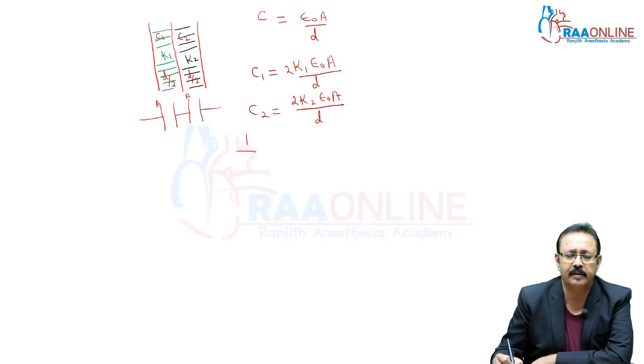But in series, 1 upon C, the total capacity, should be 1 upon C1 plus 1 upon C2.